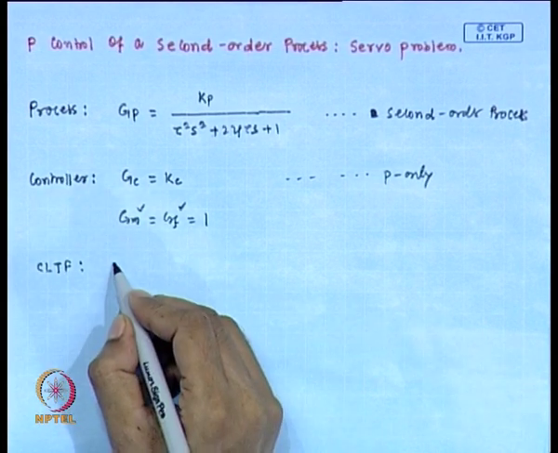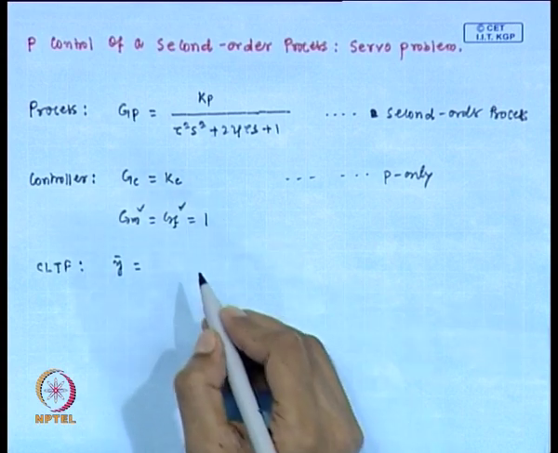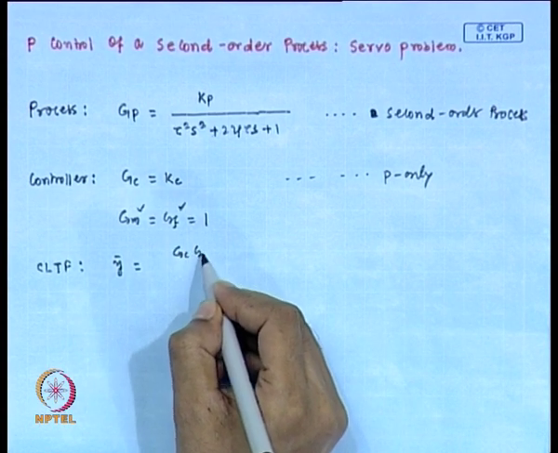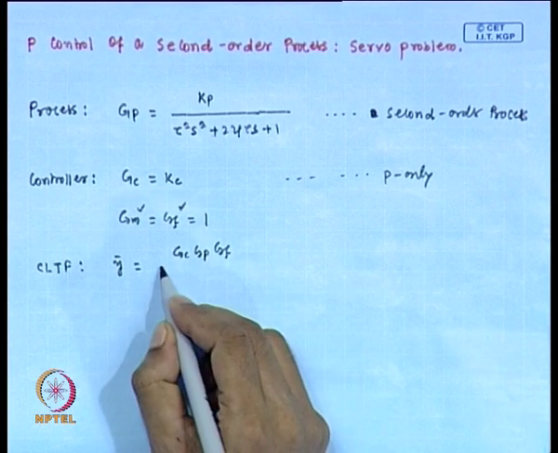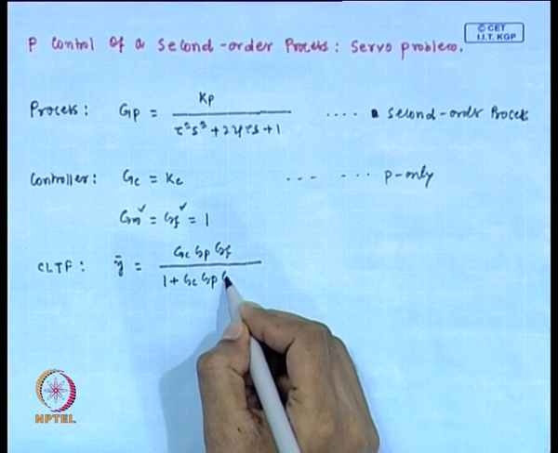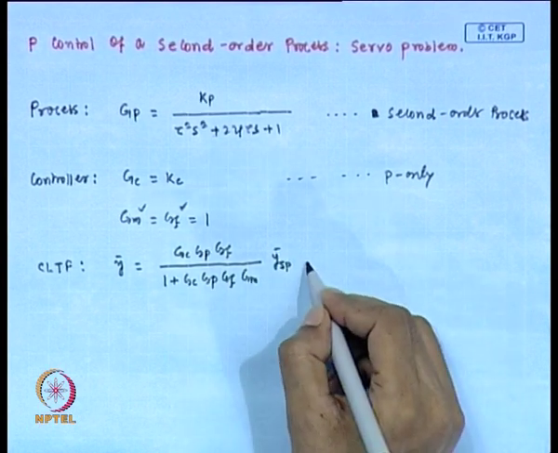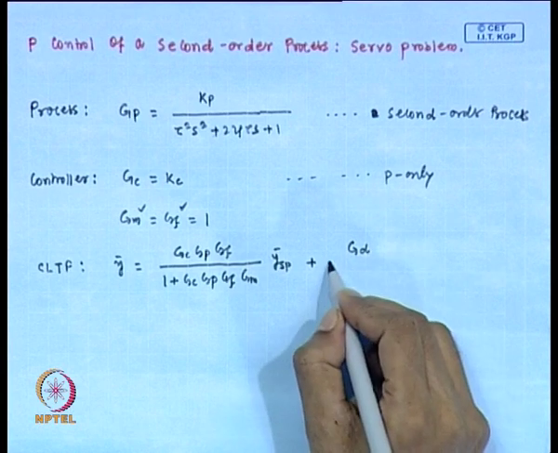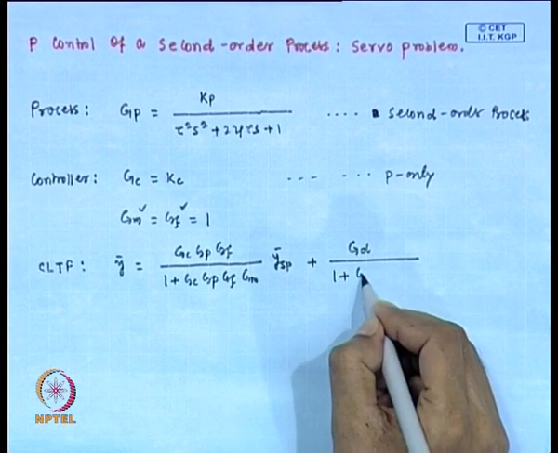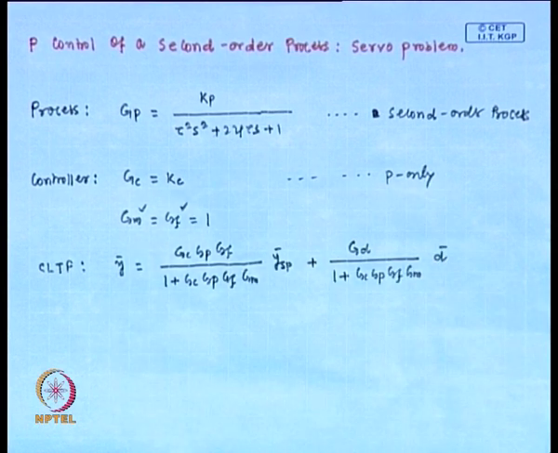It is represented as y bar equals Gc Gp Gf divided by 1 plus Gc Gp Gf Gm times y set point bar, plus Gd divided by 1 plus Gc Gp Gf Gm times d bar. This is the general form of closed loop transfer function.